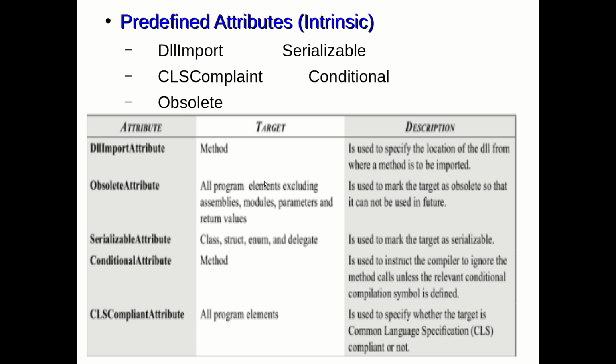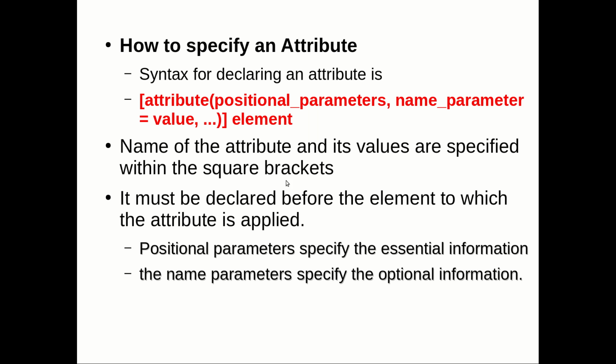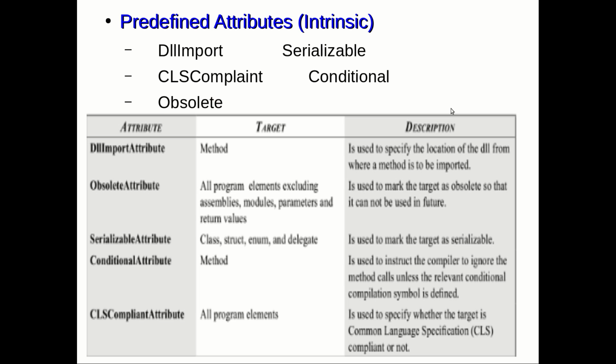So that is what is shown here. Obsolete is specified as the attribute name, and the positional parameter is the obsolete message. Then we have used the name parameter, which is an optional parameter with true or false.